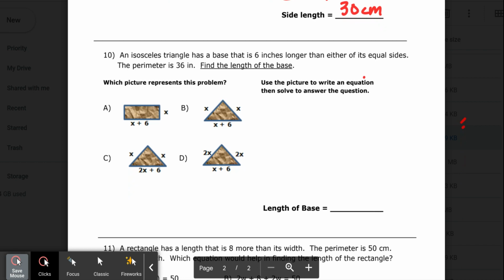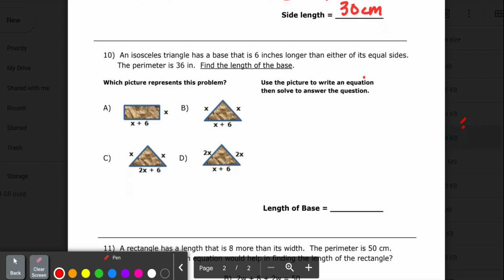All right, let's take a look at problem 10. Problem 10 says an isosceles triangle, so not a rectangle. An isosceles has 2 congruent sides. It has a base that is 6 inches longer than either of its 2 sides.